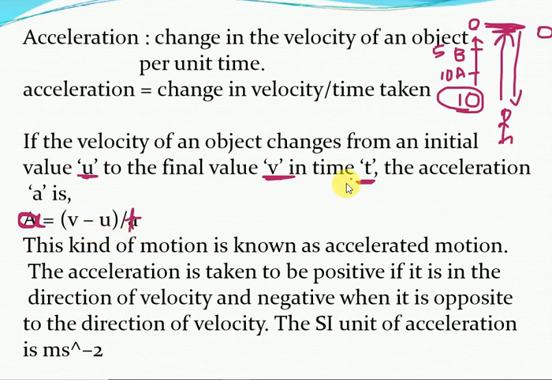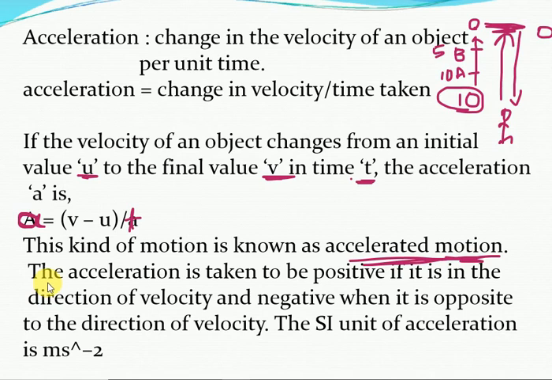This kind of motion is known as accelerated motion. What is accelerated motion? When the body moves, its velocity changes. Velocity changes means it might be increasing, it might be decreasing. In case of accelerated motion, the velocity of the body keeps on increasing.